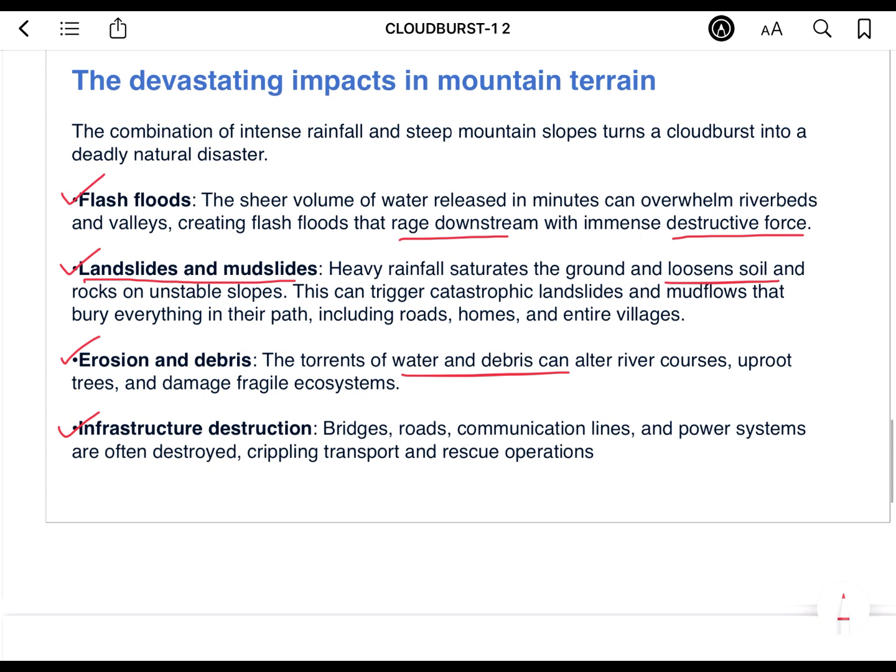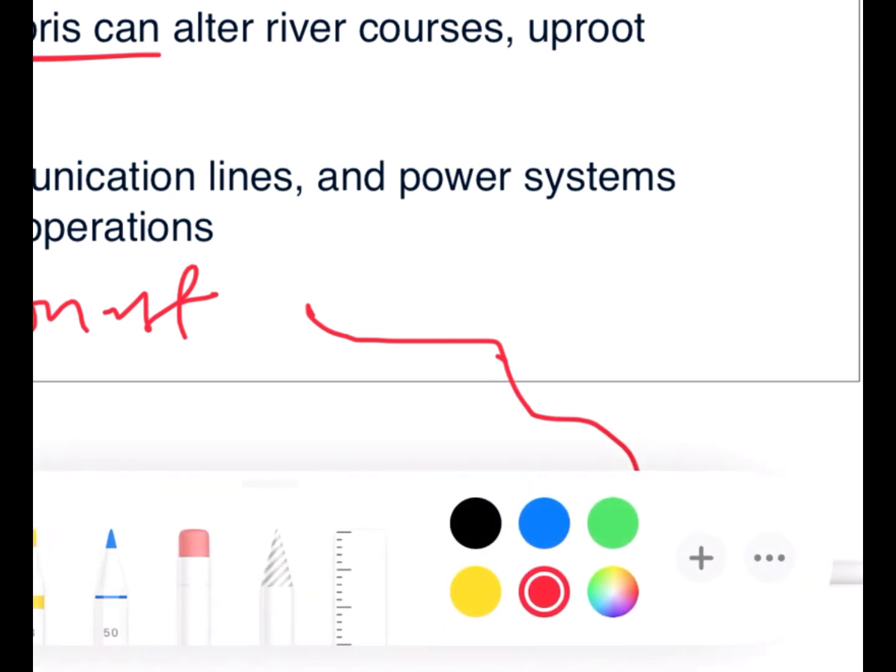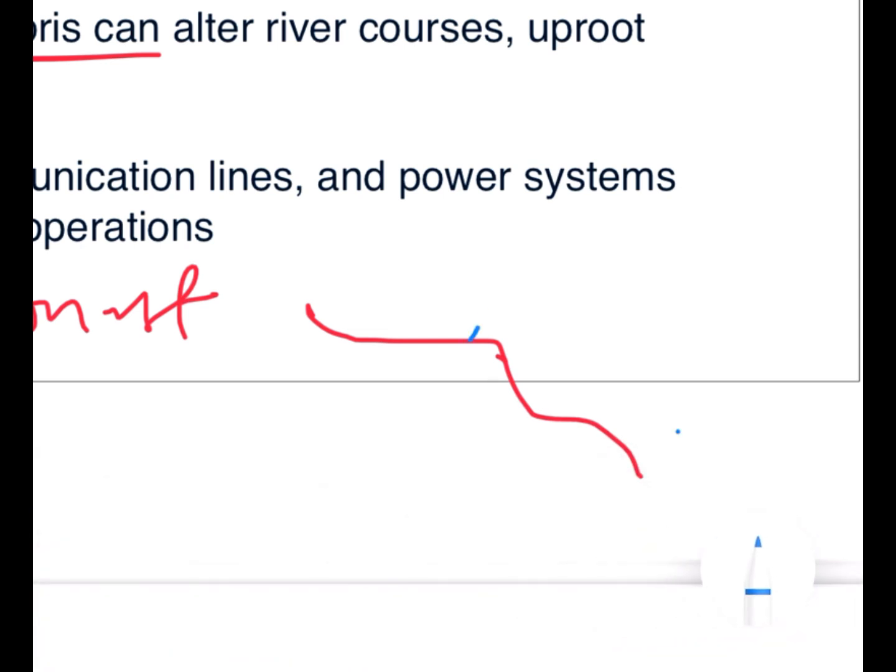One more thing that can happen is a glacial lake outburst. What happens? In mountainous regions, normally the ice and some pebbles and other material act as a dam for a lake on the glacier.